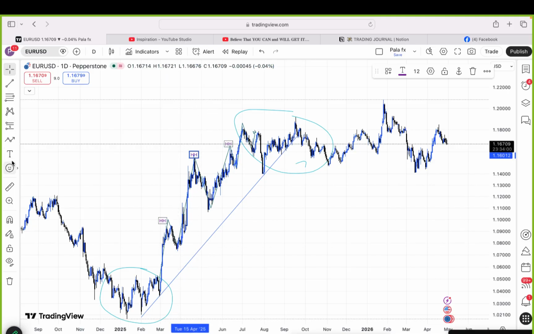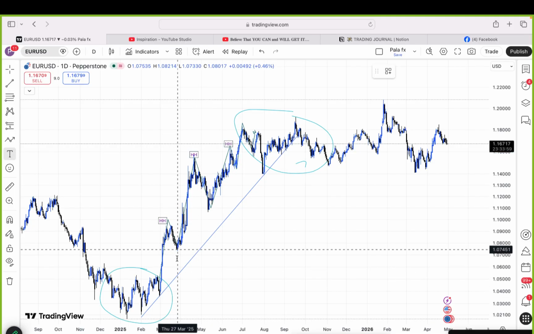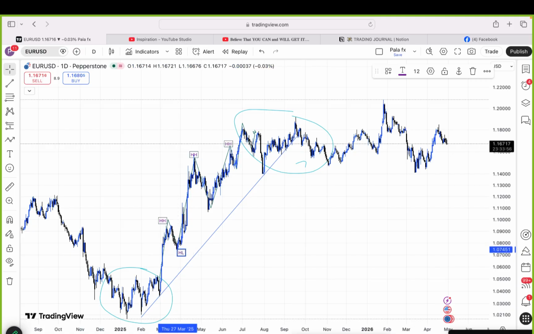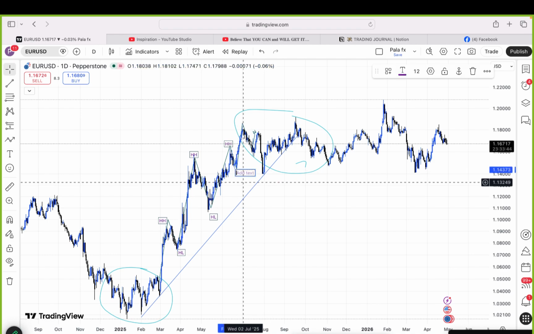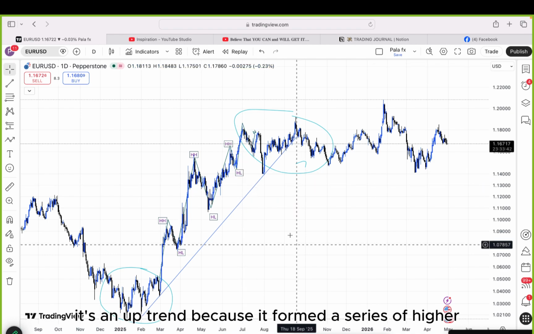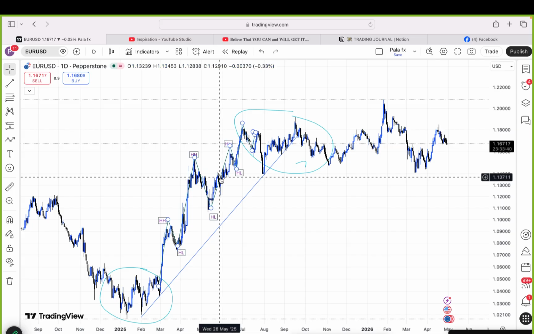Higher low. Higher low. Higher low. So it's an uptrend because it formed a series of higher high, higher low.